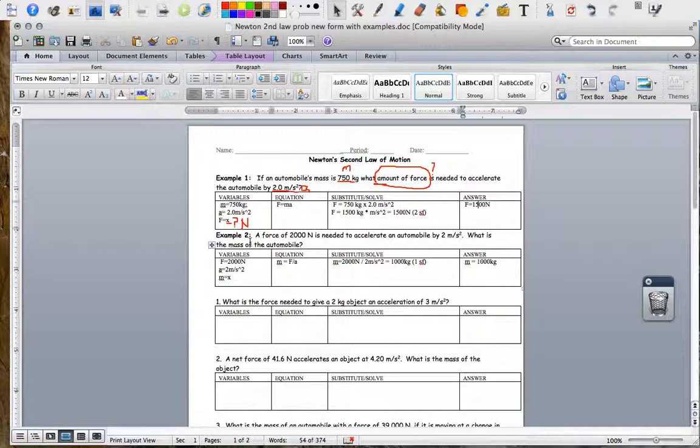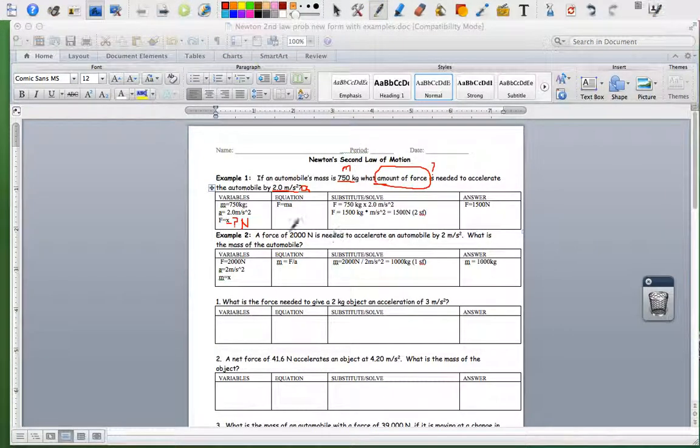Next, example number 2. In this case, we are giving you the force. The force, as it says here, is 2,000 newtons. So we need to highlight that. There it is, that's our force. It's needed to accelerate an automobile by this value.